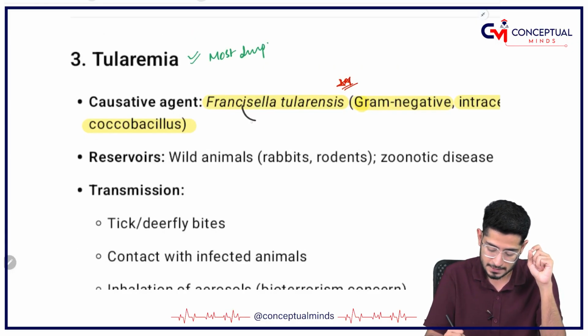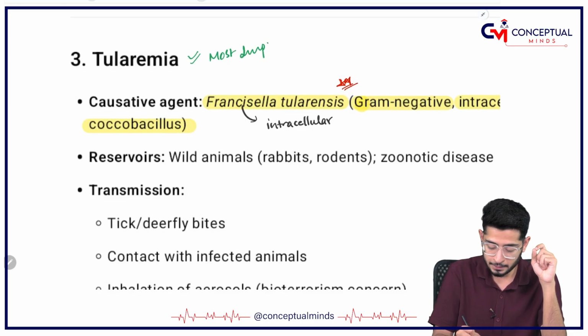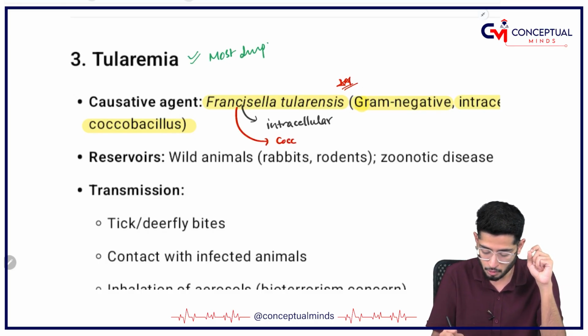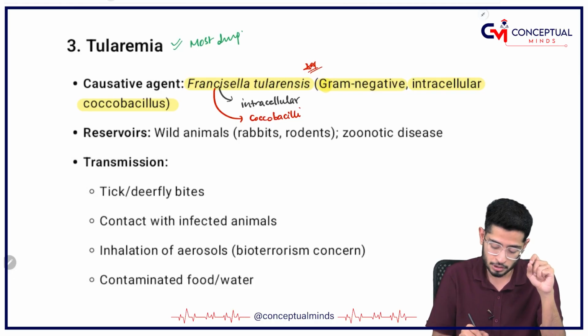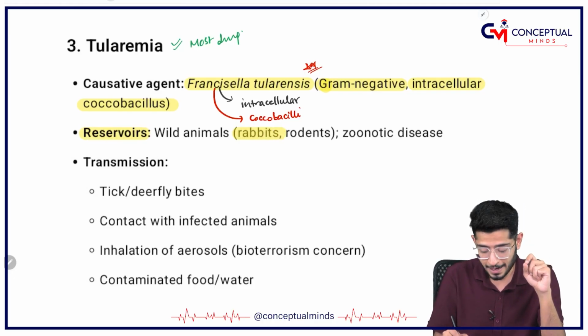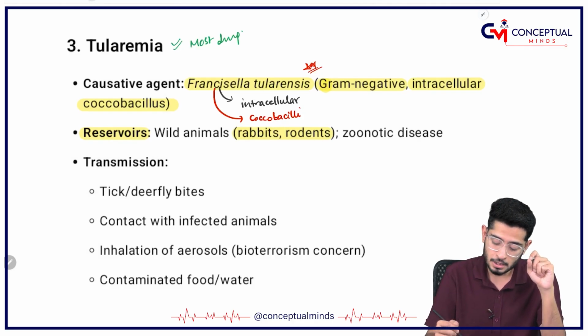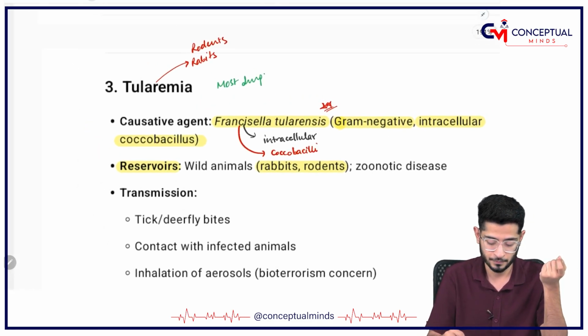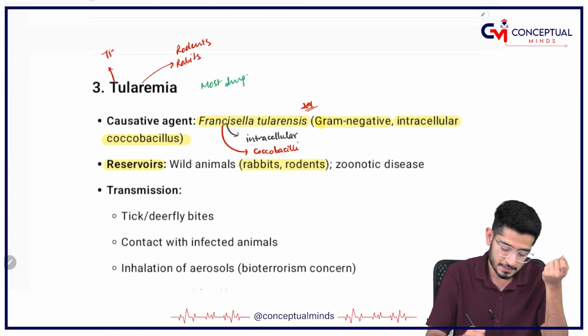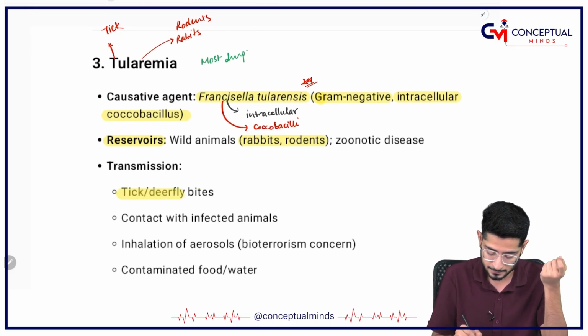So in Francisella, I for intracellular and C for coccobacilli, right? Rabbits and rodents are the reservoir in Francisella. So tularemia, R for rabbits and R for rodents. But the transmission mainly takes place with the help of ticks. So T for ticks, right?